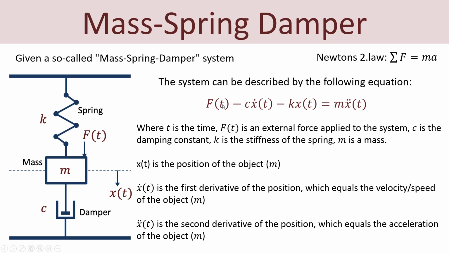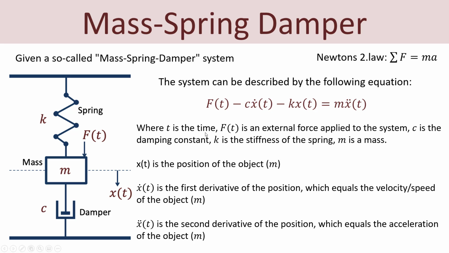We have the force minus the force of the damper and the force of the spring equals m x double dot, which is the acceleration of the system, a.